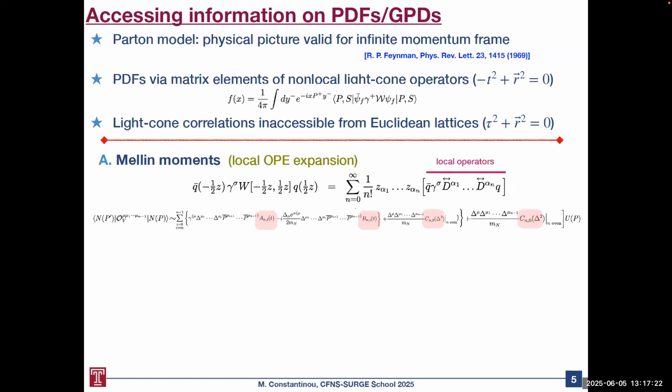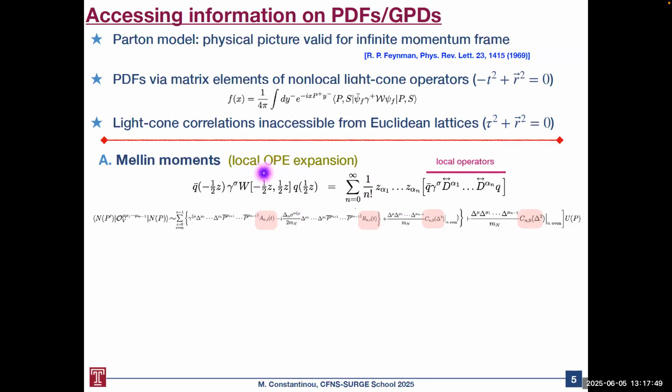And you heard yesterday about the proton radius, which is taking the zero momentum transfer limit of the form factors. That's exactly what we can do here. So all of these quantities like charge radii, spin, axial charge, and so on, are physical quantities that are related to local operators.